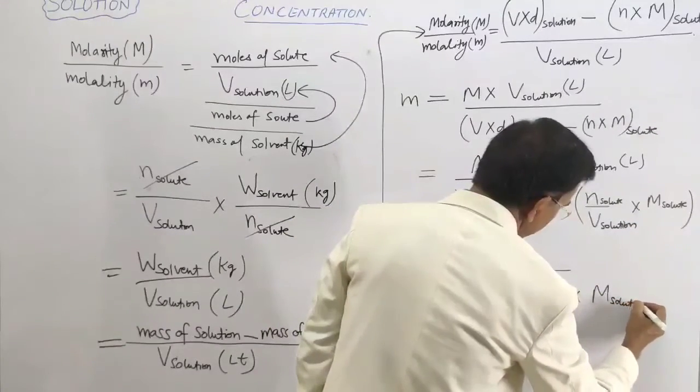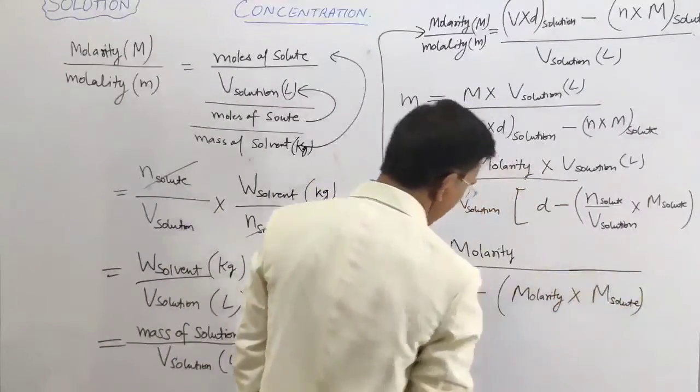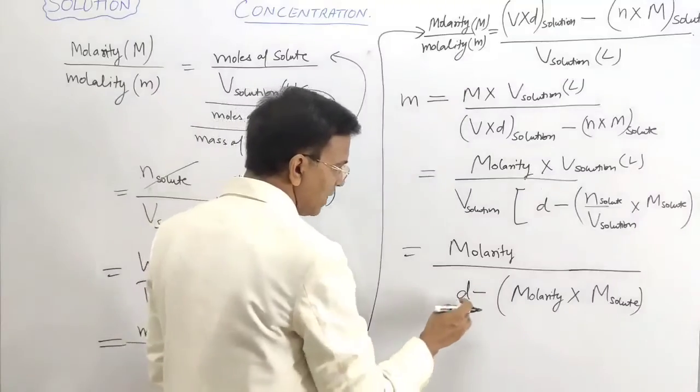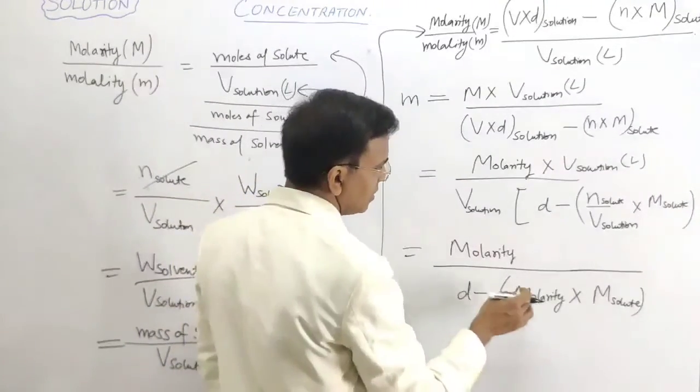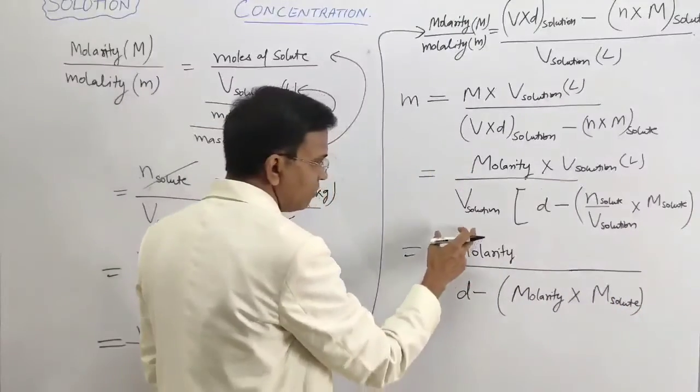So molality equals molarity upon density minus molarity multiplied by molar mass of solute.